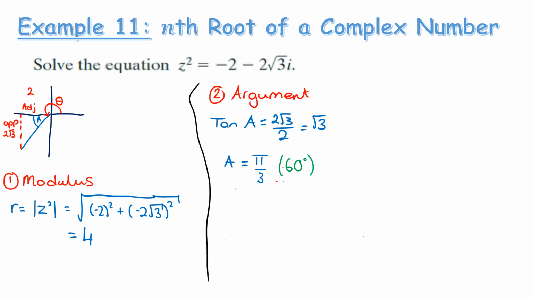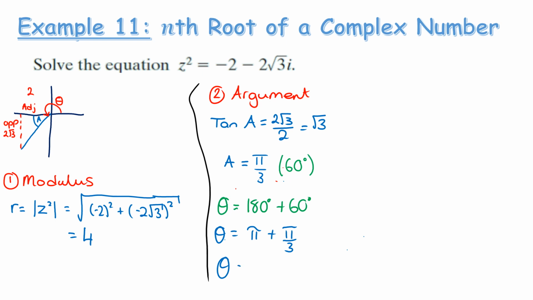So now I have A, and if we look at the diagram to work out theta, I'm thinking in degrees, and I'm saying it would be 180 plus 60. We are working in radians, so when I come back, theta is equal to, instead of 180 degrees, pi plus 60 degrees, pi over 3.